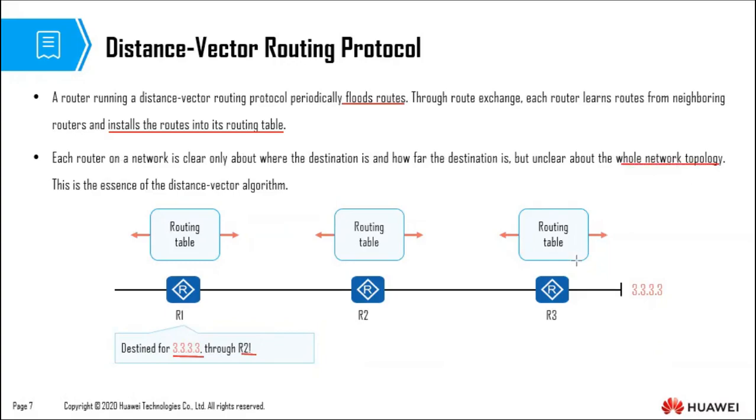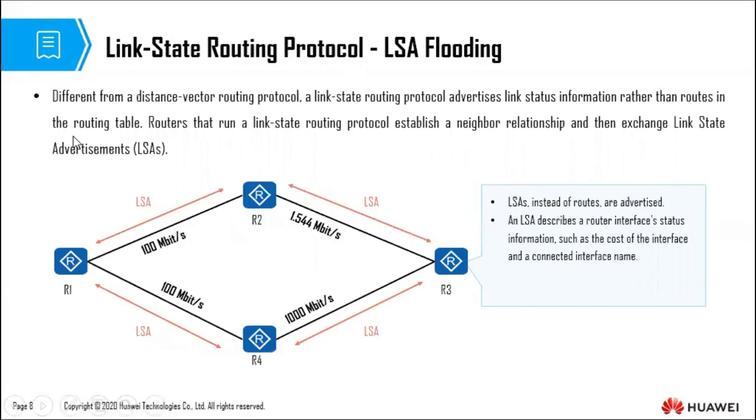As you're going to see, with link state routing protocols the routers are going to be aware of the network topology. How? You're going to see in a short while. So in summary, this is how distance vector routing protocols operate.